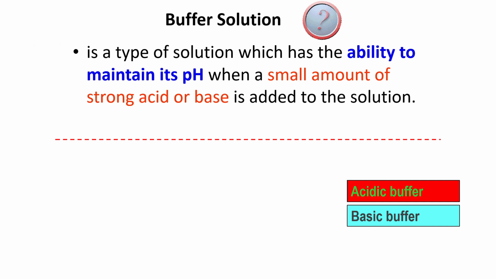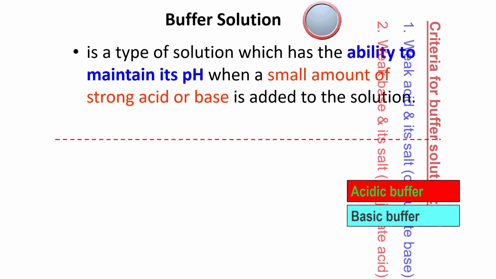A buffer solution is a type of solution which has the ability to maintain its pH when a small amount of strong acid or base is added to the solution. Buffer solution merupakan satu larutan yang mempunyai kebolehan untuk mengekalkan nilai pH apabila sedikit sejumlah kecil asid ataupun base kuat dimasukkan ke dalam larutan tersebut.